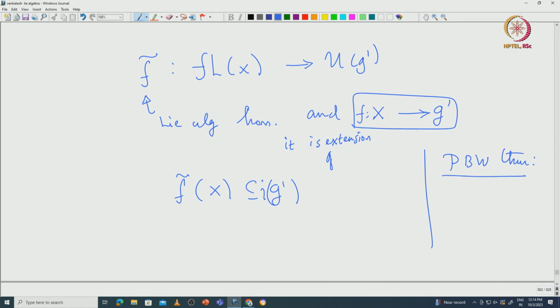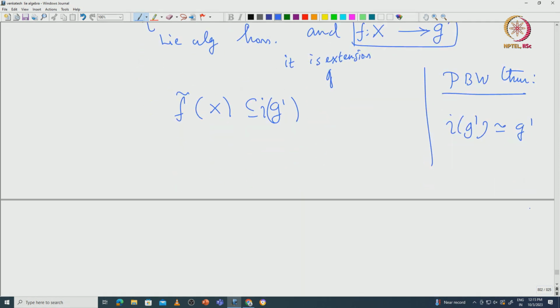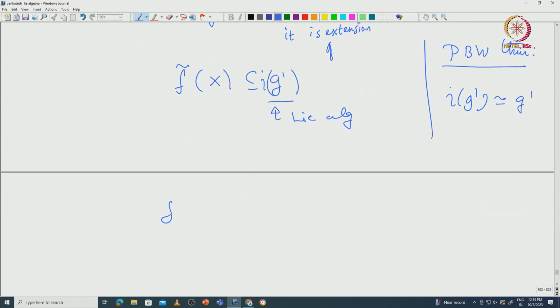That tells us that this iota of g dash is indeed isomorphic to g dash. So, in particular, if you think about it, since g dash is actually a Lie algebra, the image of this FL of x should lie inside this iota of g dash.